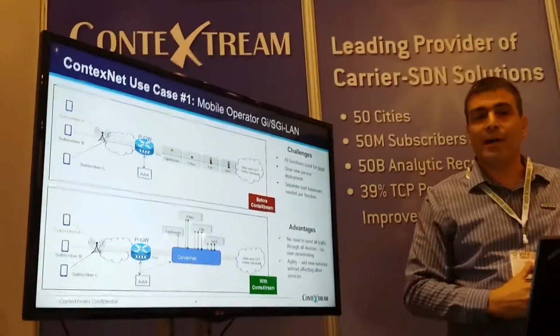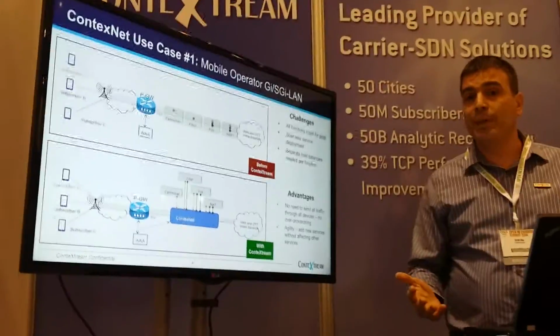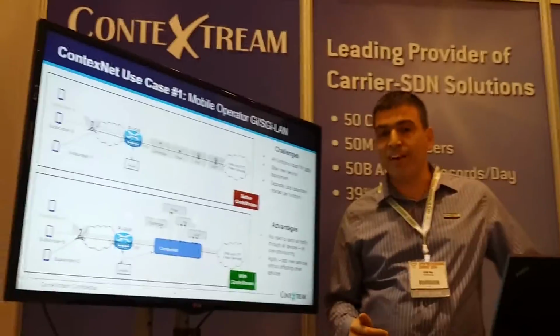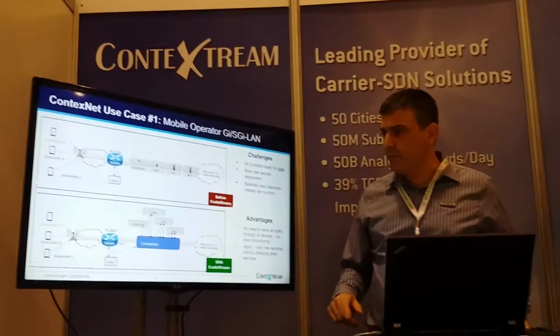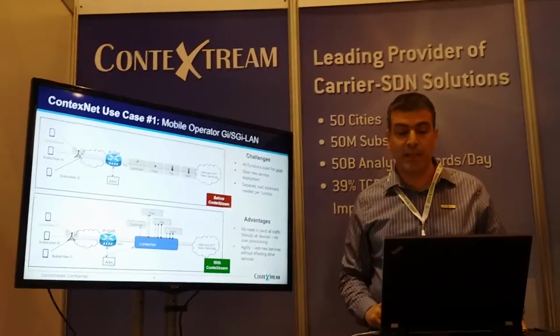Depending on the subscriber's profile, we select the function, load balance between them, and send traffic to them only when needed and only when they're available, giving the five nines that they need. We monitor whether they're available, steer the traffic to them back and forth as needed, and the subscriber gets to the internet.